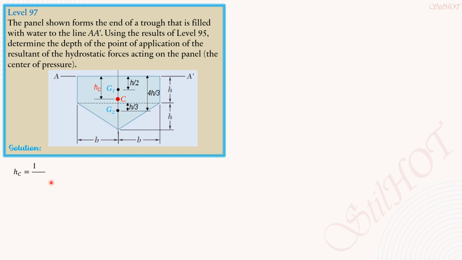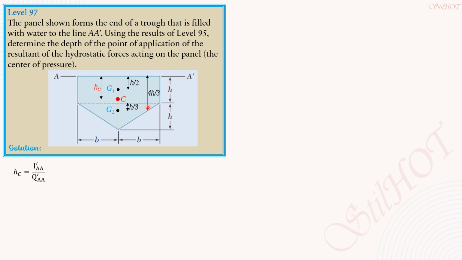So h sub c is I_AA' over Q_AA', where I_AA' is the moment of inertia of this rectangle with respect to AA'. So it is just 2b times h cubed over 3. Remember that? Moment of inertia of a rectangle with respect to the base: base 2b, height cubed over 3.